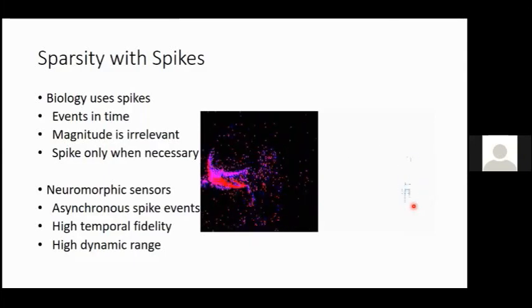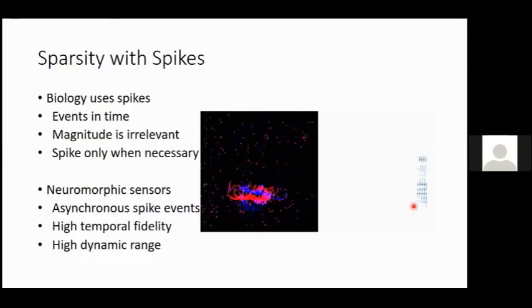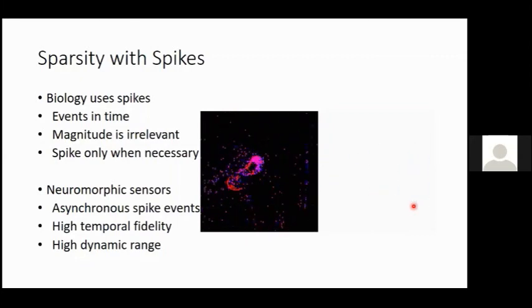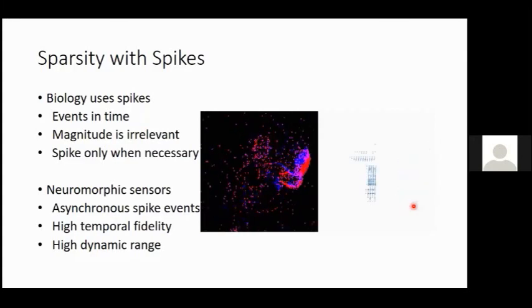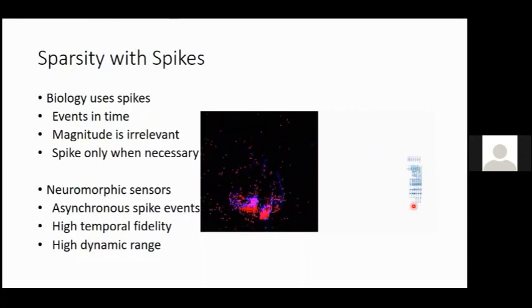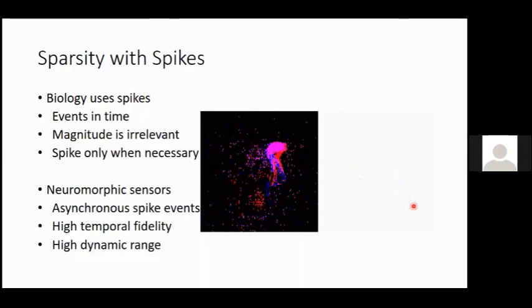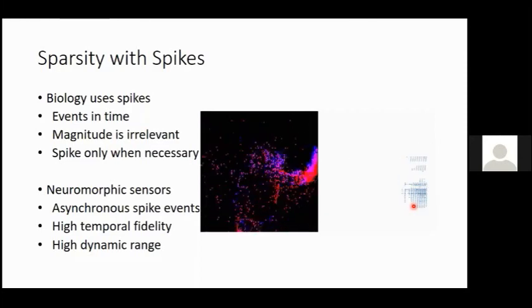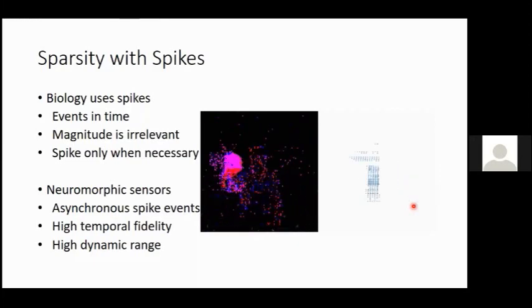So these are some of the examples of the sensors that people use in this field. That doesn't mean that we cannot use standard data to process using spiking neural networks and use it in neuromorphic hardware. I'll come to that later. But with these neuromorphic sensors, the catch is you already have spikes and you can natively process them using neuromorphic hardware.